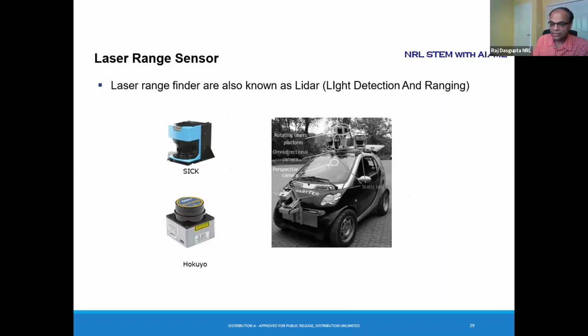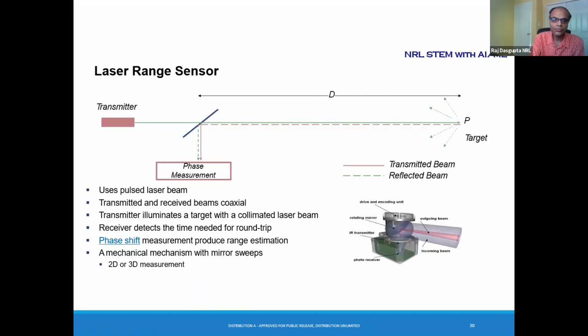Now, compared to that, the next commonly used range sensor is the laser sensor. All of you know what lasers are. These are two commonly used laser sensors on robots. One is the SICK laser, another is from a company called Hokuyo.